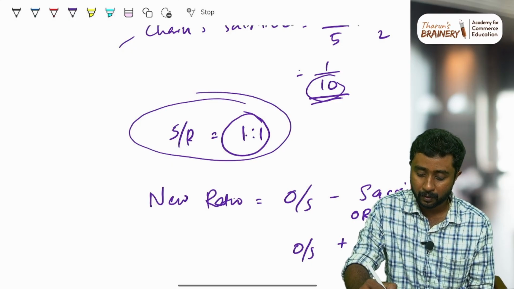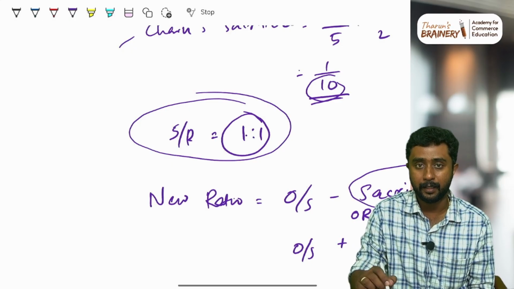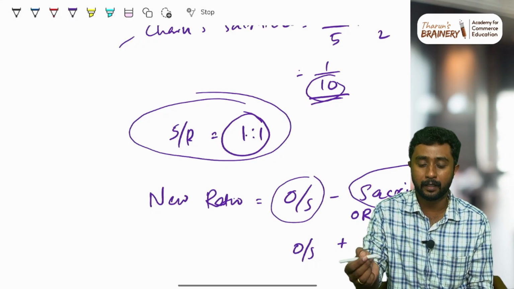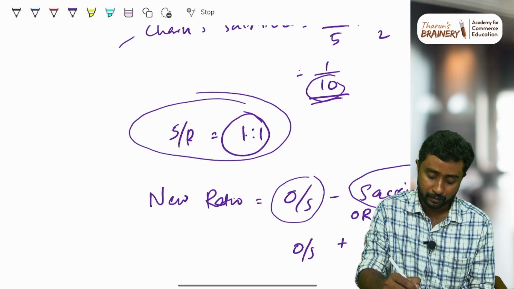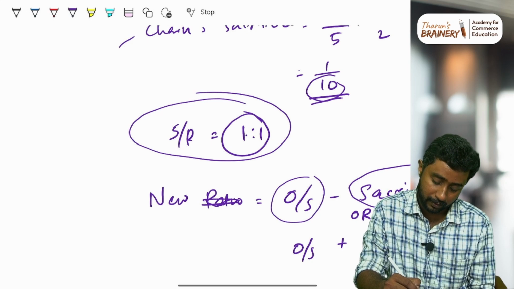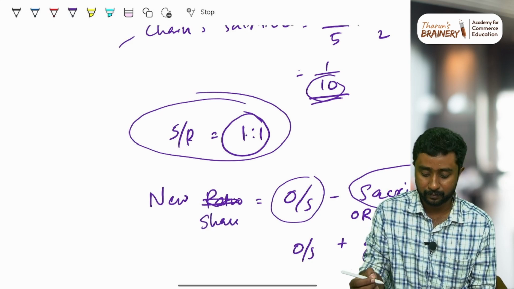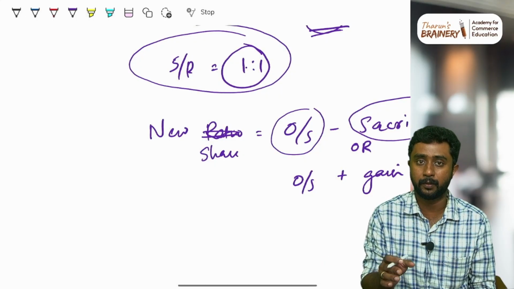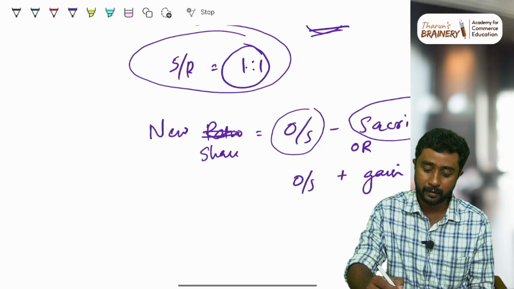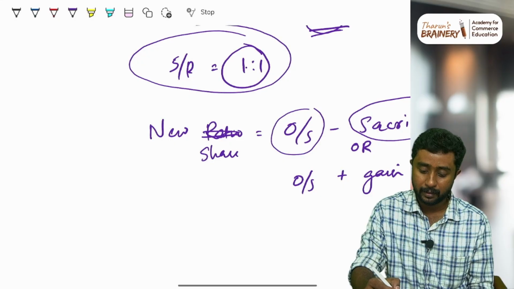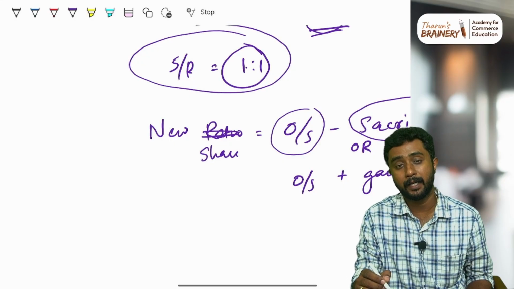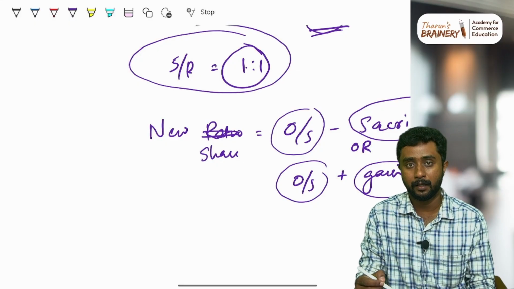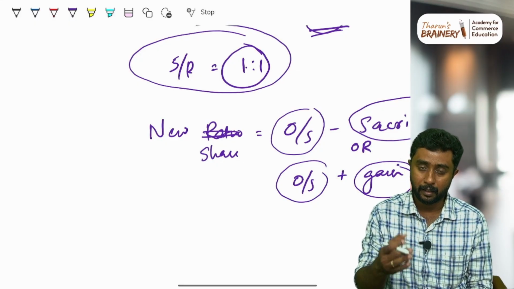That means if you remove the sacrifice made by each person from their old share, you will get the new share. Instead of new ratio, I will write new share, which will be easy for you. After getting the new share of each person, we can put it together as a ratio. So new share equals old share minus sacrifice. Similarly, if some people gain, then old share plus gain equals new share. You can use both formulas depending on the situation.